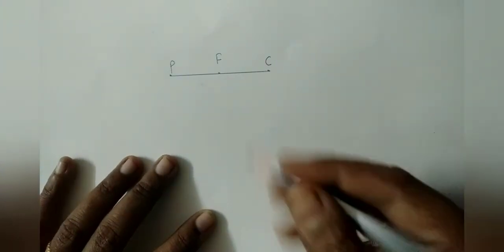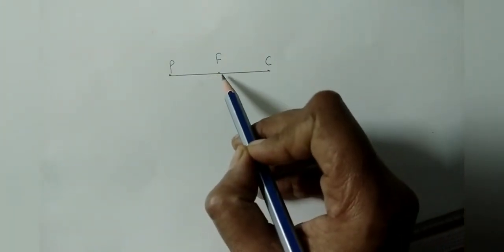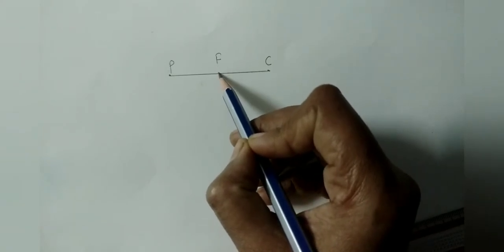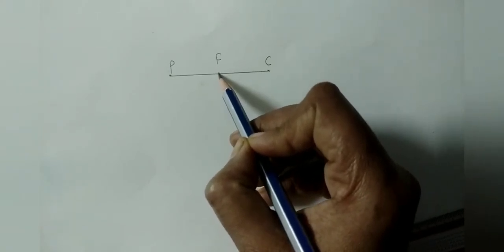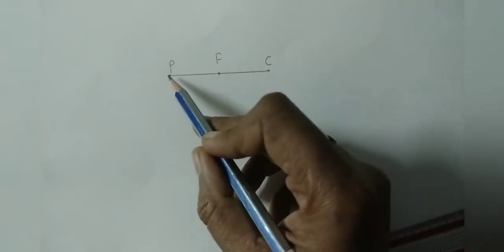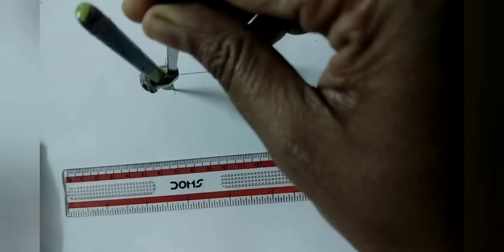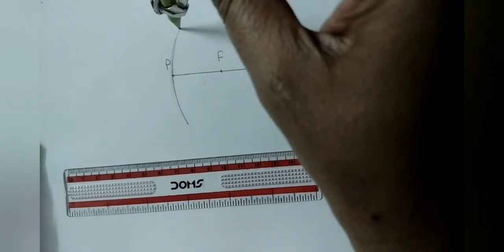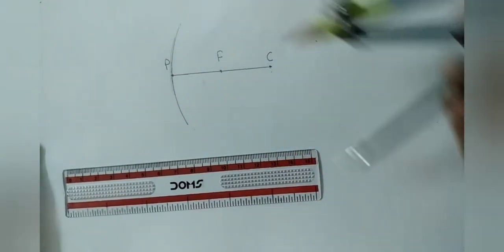This one is pole of convex mirror, focus and center of curvature. Remember, the focus should be exactly in the middle of center of curvature and pole. Now with the help of compass, draw the arc which is your convex mirror.